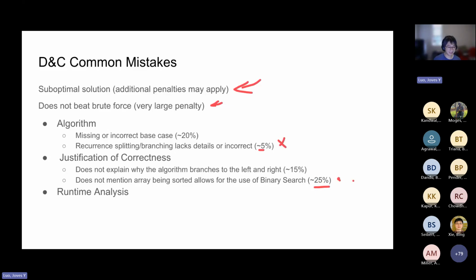On the runtime analysis, you are correct, but you ignore the black box modification analysis. 10% of students tend to do this. You make a small, tiny modification to binary search, you forget about it by the time you get to the runtime part, and then you miss it.